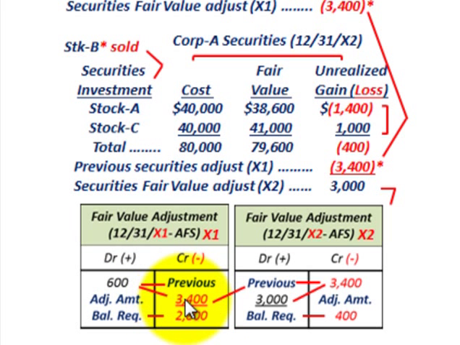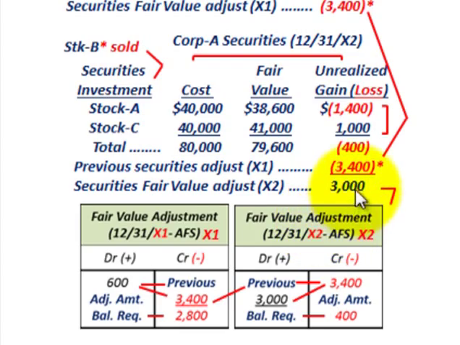So the only way we could do that here is come up with a credit of 3,400. And for year X2 here, it was just the opposite here. We start out with the previous amount here, credit that we had, or a loss here, 3,400. We had to get down to 400 here, loss. So in this case, you had to debit it for $3,000 here. Okay, so we've taken care of that.